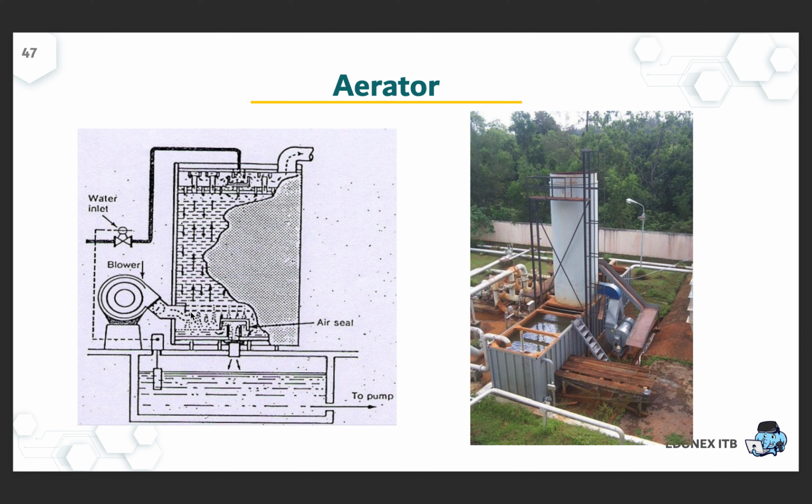From below we need to blow a substantial amount of air. Why does the water flow from up to down? Because naturally water moves from up to down, while the air moves upwards. The water that has been contacted with air is collected in the tank here, and then distributed to the plant.